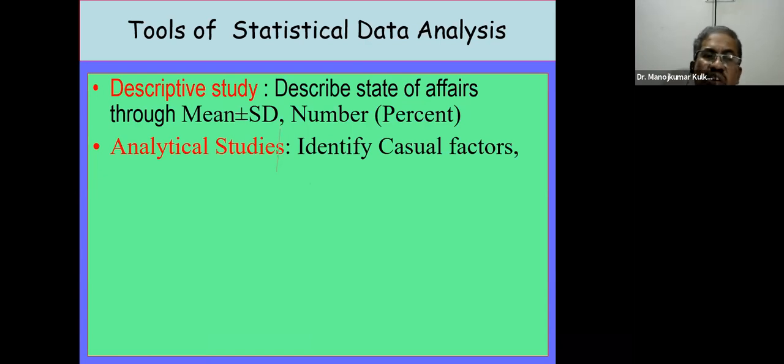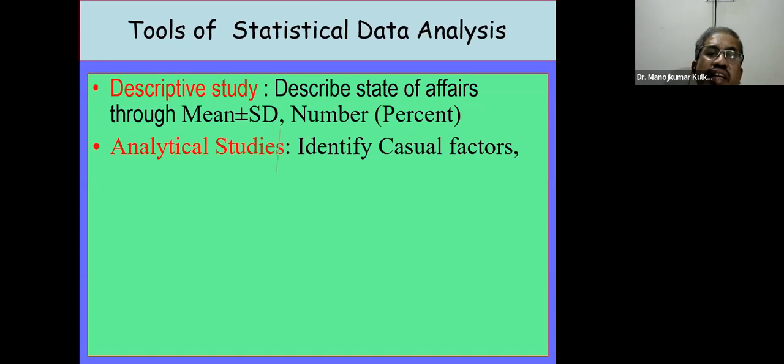There is no testing of hypothesis, no comparison. Say for example, suppose you have started a new production of a certain product, you want to know who your customers are, what their characteristics are, whether they are young or old, men or women, urban or rural area. So this sort of characteristic measurement we make and study, it is a descriptive study.